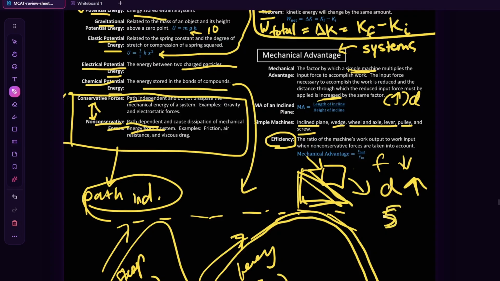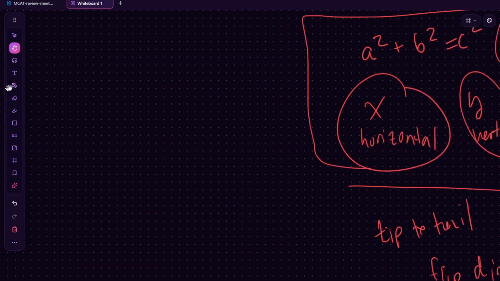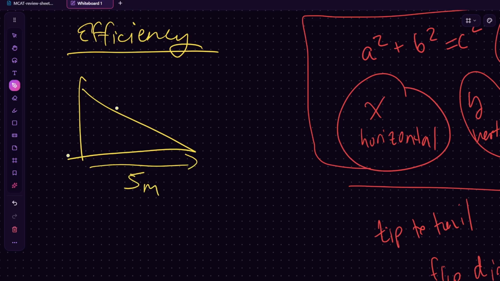We're doing mechanical efficiency, so we want to know how efficient this simple machine is. You have this ramp, and it's 5 meters this way and 1 meter this way, with an ideal mechanical advantage, MA, equal to 5.